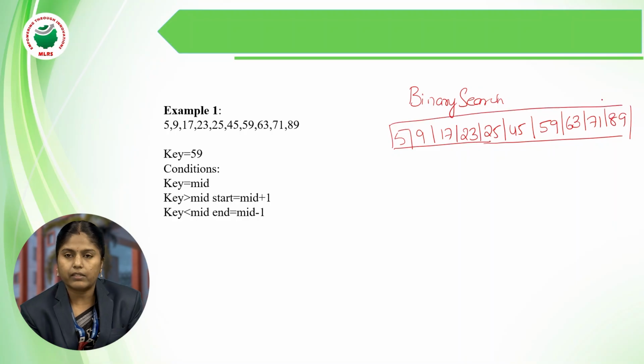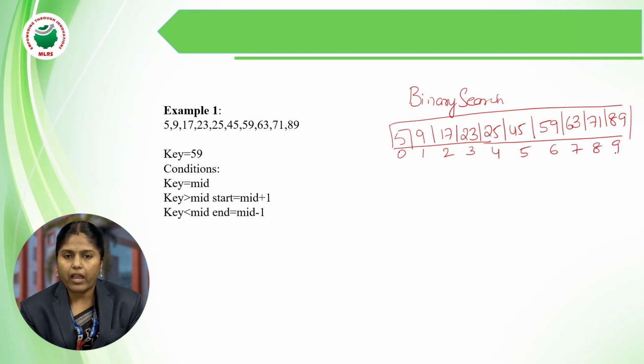These are the elements that are arranged in the array. After arranging the elements in the array, the next step is to mark the index form, like 0 1 2 3 4 5 6 7 8 9.